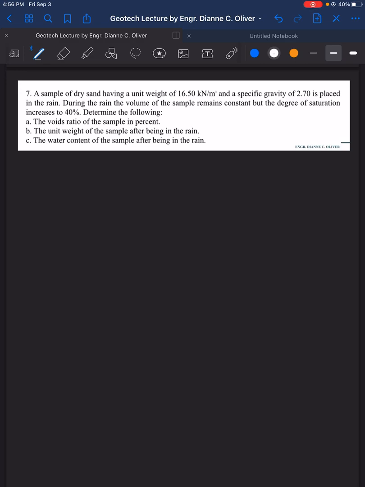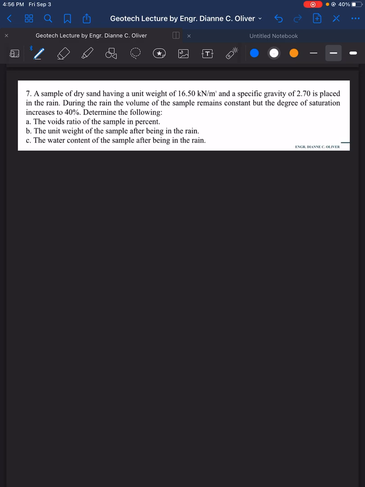But as for the sand samples, the tendency is it remains constant as for the volume of solids, or as for the total volume, should I say. So the total volume still remains the same whether it is soaked or not.